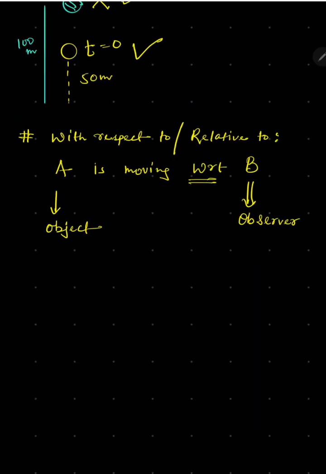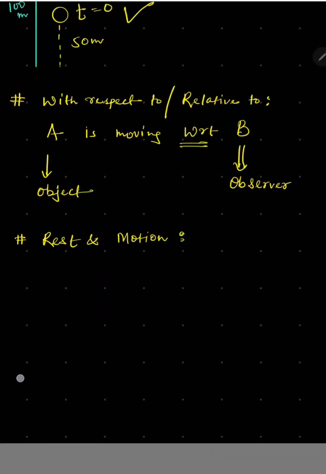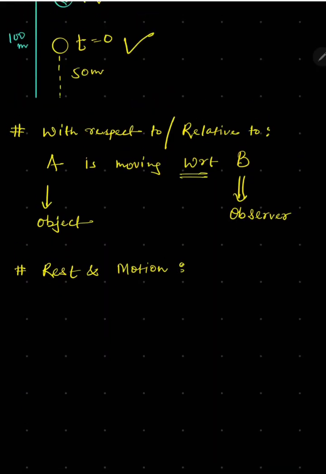Now, next term: rest and motion. Rest and motion are two terms which can only be clear to you whenever you define the observer. Rest and motion in themselves are not complete terms. To be clear about the meaning of both terms, you have to define the observer.